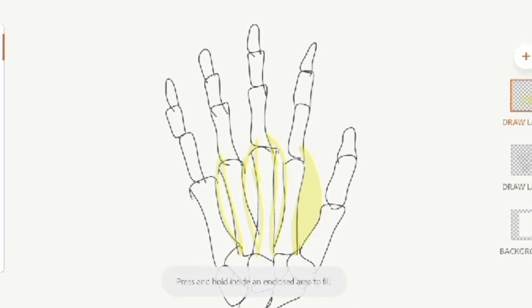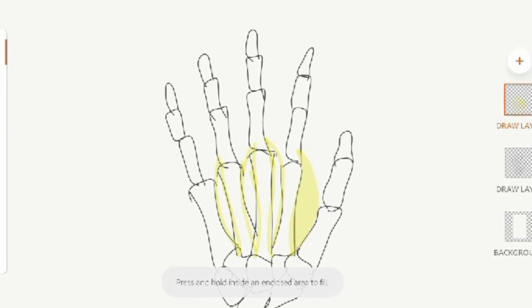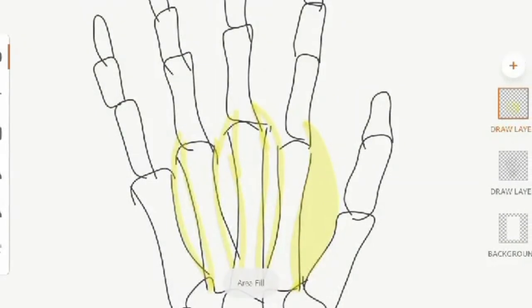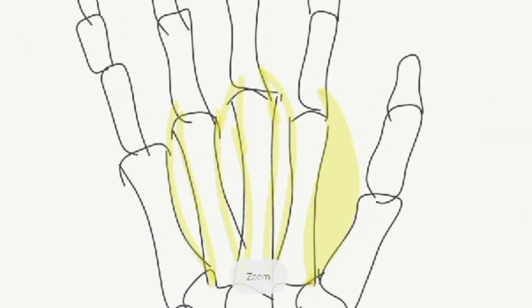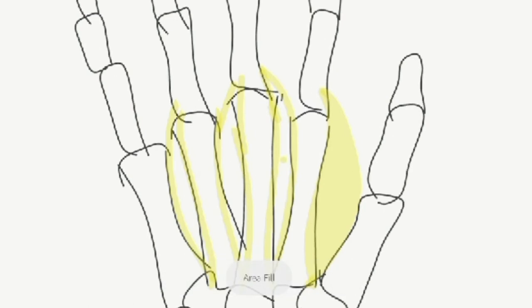The third dorsal interossei arises from the adjacent sides of the third and fourth metacarpal and is inserted into the ulnar side of the base of the proximal phalanx of the middle finger.